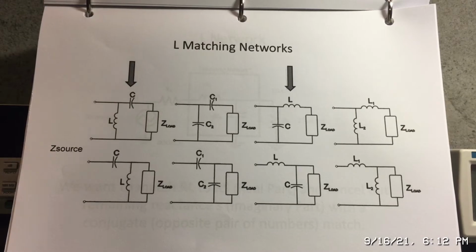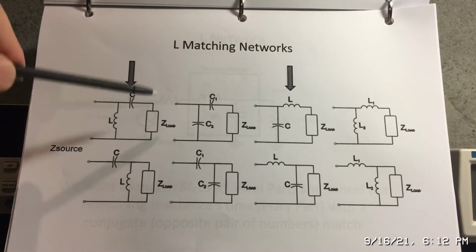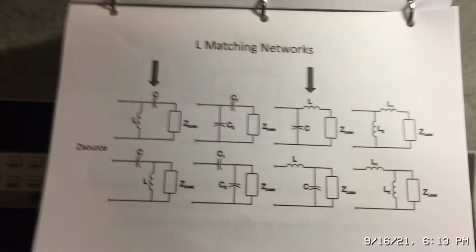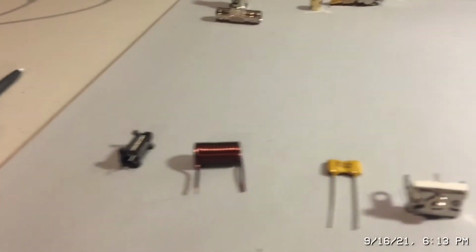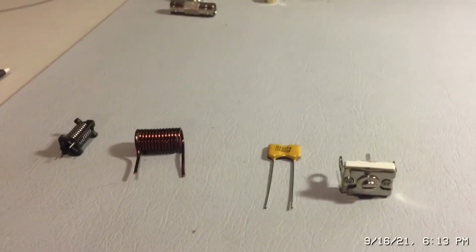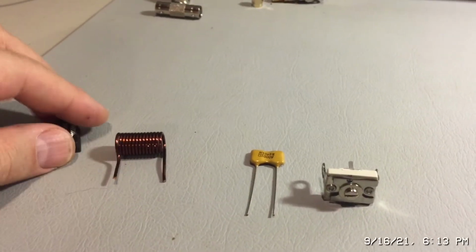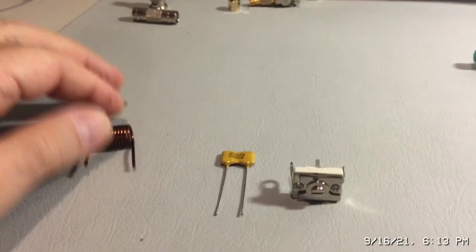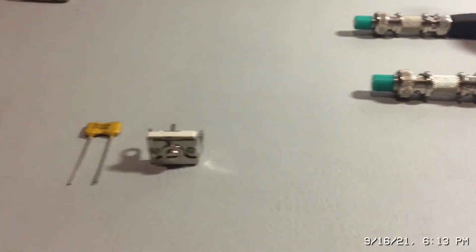But the main idea is that the L network is L-shaped and only really consists of two components. Typically when we design a circuit, we're talking about using lumped components like these. You might have a variable inductor that you can adjust or tune, or perhaps a fixed inductor. The same with the capacitors.